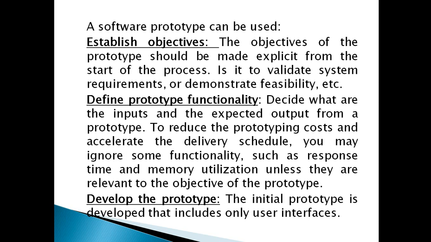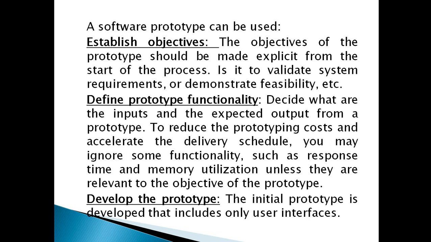So the developer includes the user needs, the demands of the user that are to be included in the system. So this phase is considered to include the system requirements, the user demands. The third point says develop the prototype.